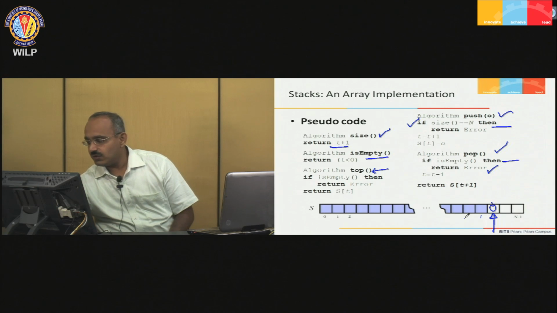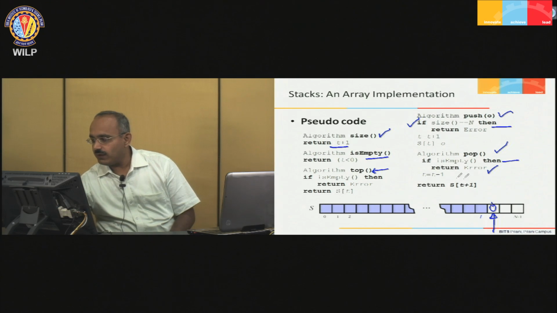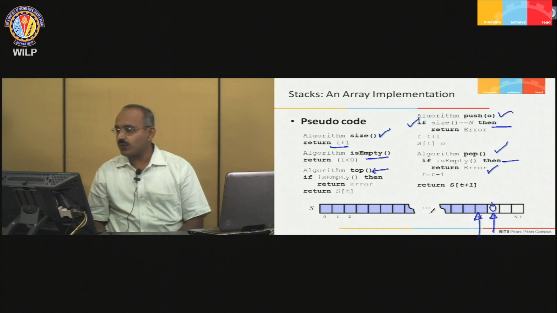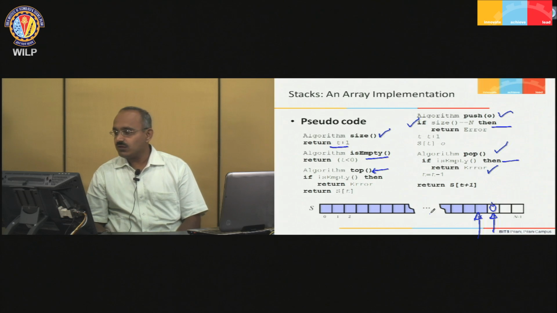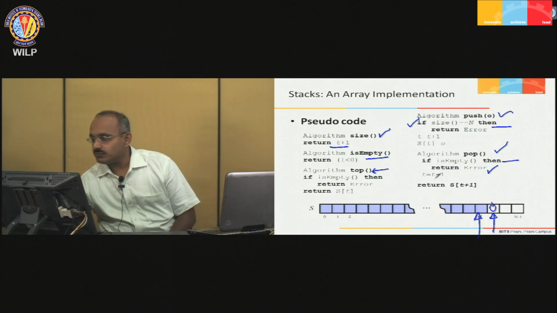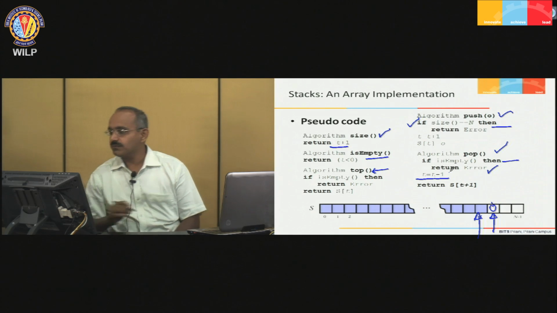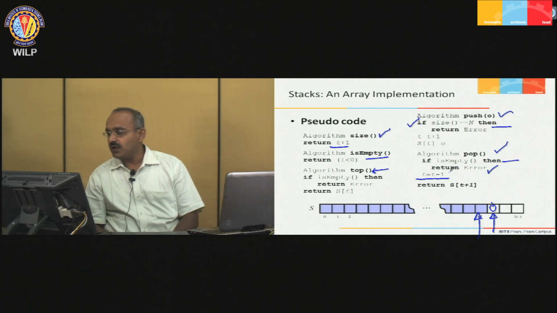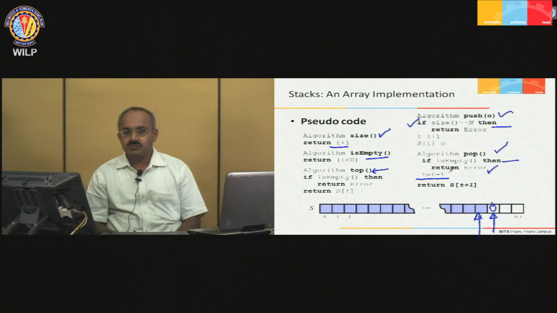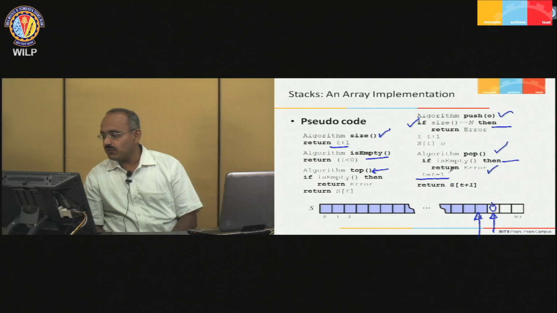In this case, it will return the pointer here. Instead of t, it will return the pointer to t minus 1. So, the top would be set to t equal to t minus 1, and it will return the index of that particular array element.